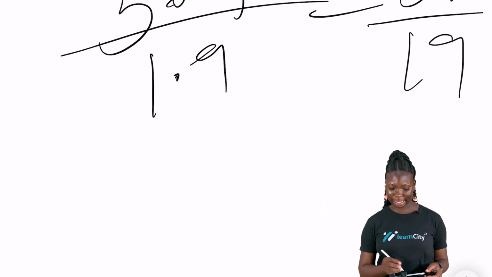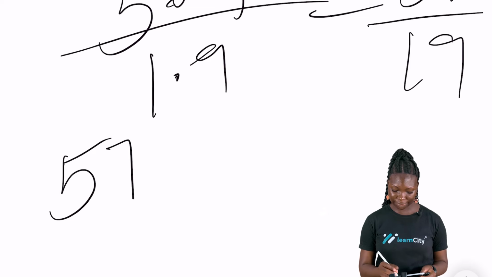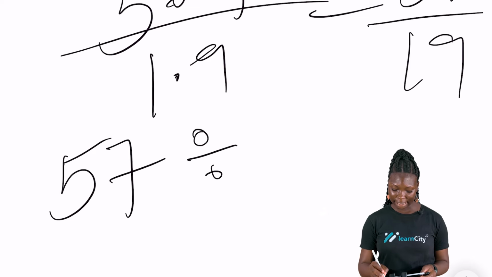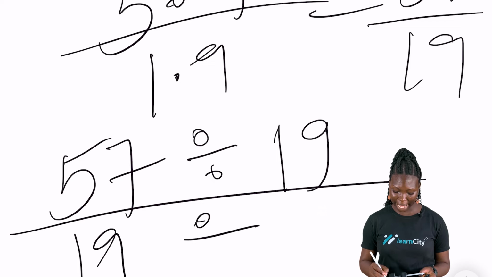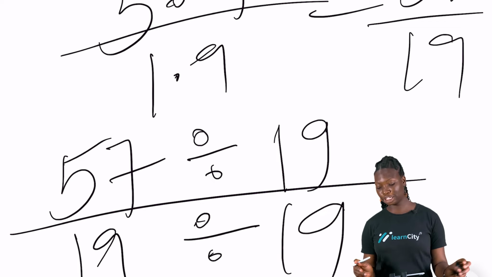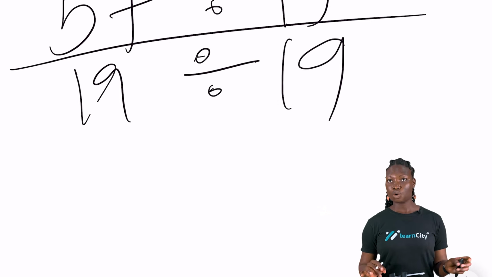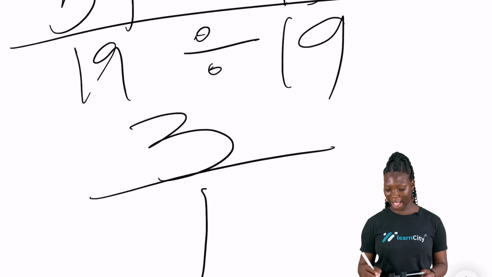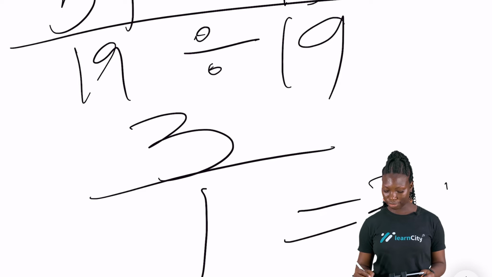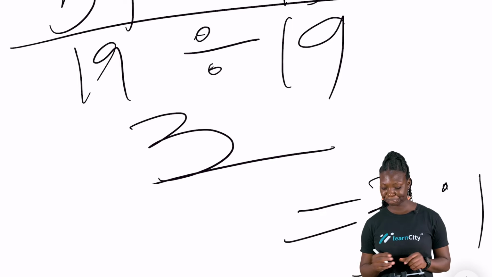Now, we divide: 57 divided by 19 over 19 divided by 19, to get our ratio of n to 1. And 57 divided by 19 is 3 over 1, so we have the ratio 3 to 1.